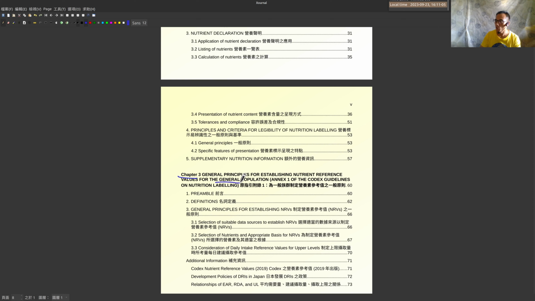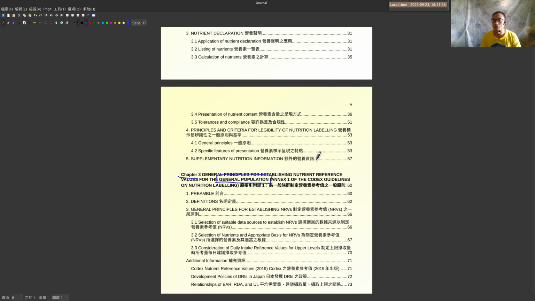What is general population? It means majority healthy people, not young toddler babies, kids, little boys, little girls, or elders, or sick people. Here it means the general population.